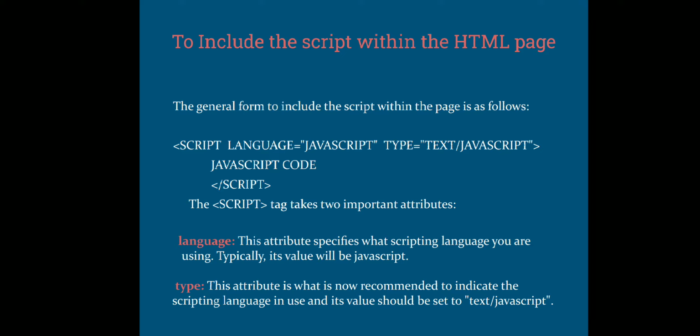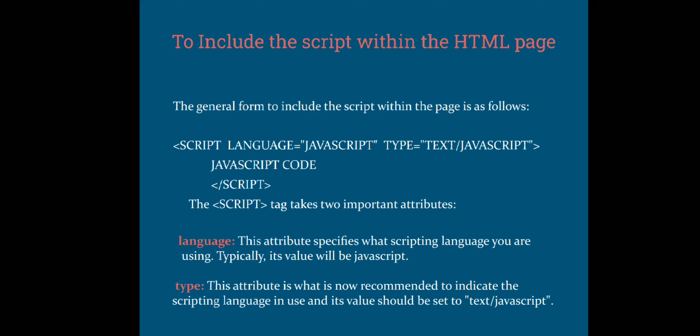It contains mainly two attributes. One is the language attribute and the other is the type attribute. The language attribute specifies what your scripting language is, and the type attribute specifies the MIME type. MIME type means what actually your file type is.